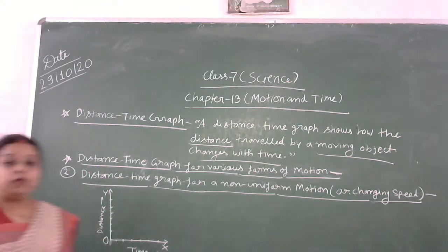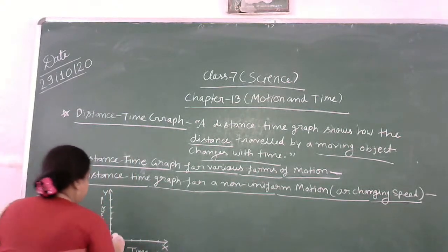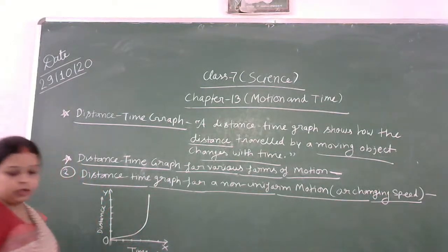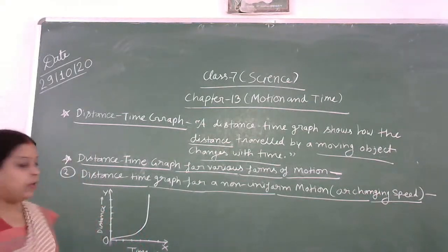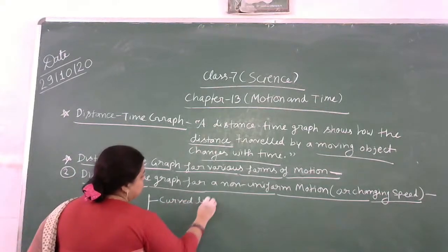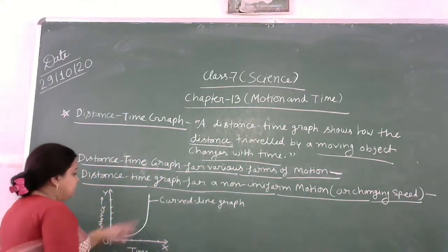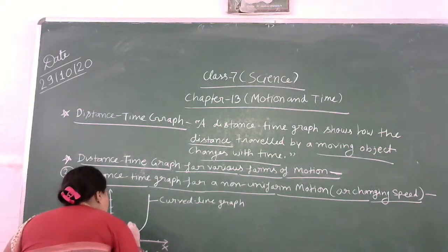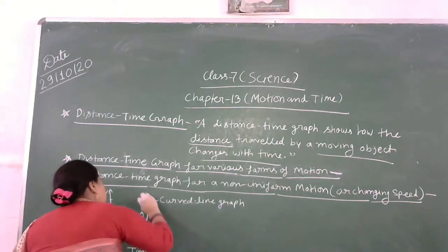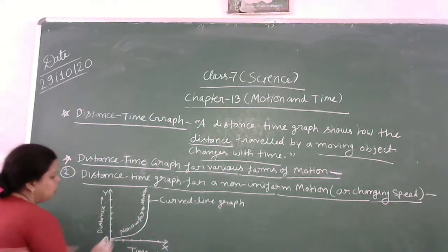If we get a curved line, this is a curved line graph, and this is non-uniform motion.